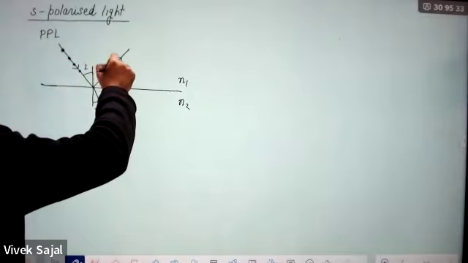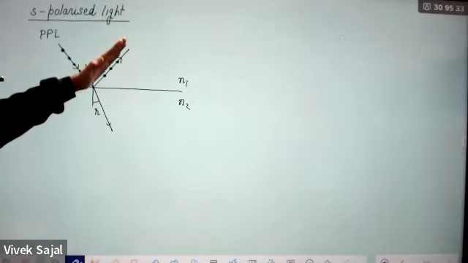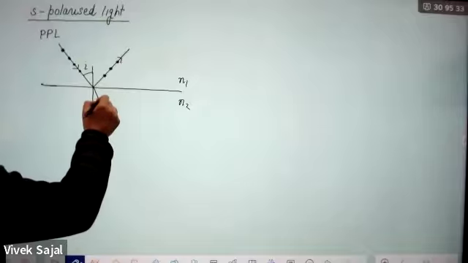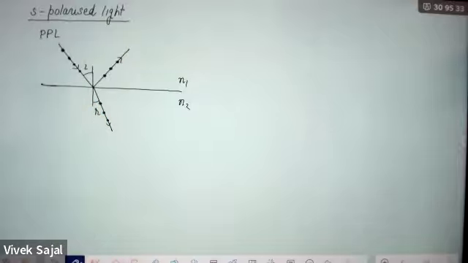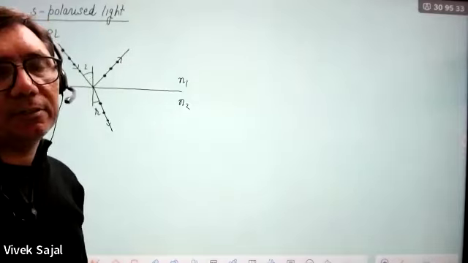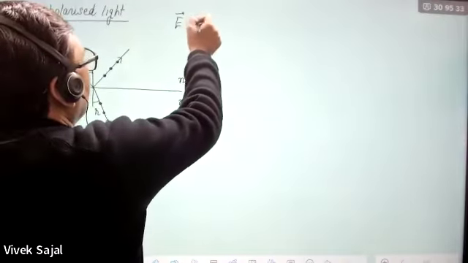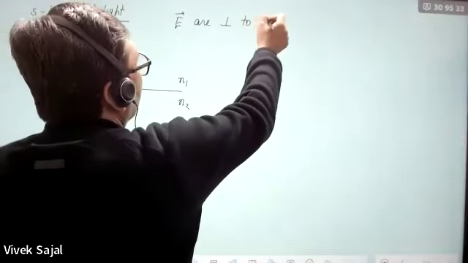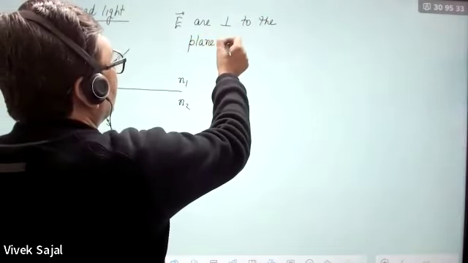For this reflected light also, all these electric vectors will be confined in this plane, so this will be plane polarized light. All the electric vectors are perpendicular to the board in the transmitted light also. So this type of plane polarized light has electric vectors perpendicular to the plane of incidence.